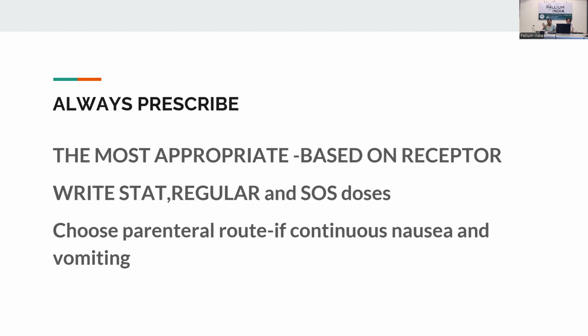So in short, always prescribe the most appropriate drug based on the receptor. Write the stat dose, regular dose, and SOS dose. Stat dose is to control vomiting at that time. Regular dose is to prevent vomiting for 3 to 4 days; we are giving it prophylactically. And the SOS dose is for breakthrough vomiting.